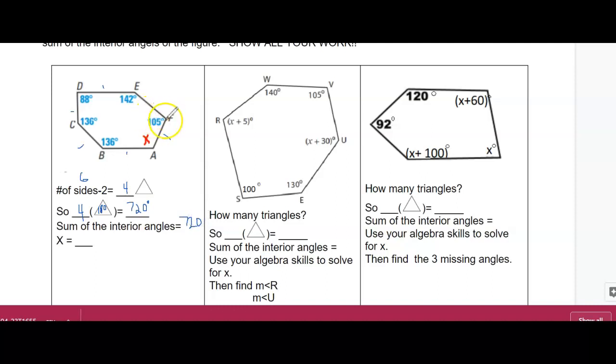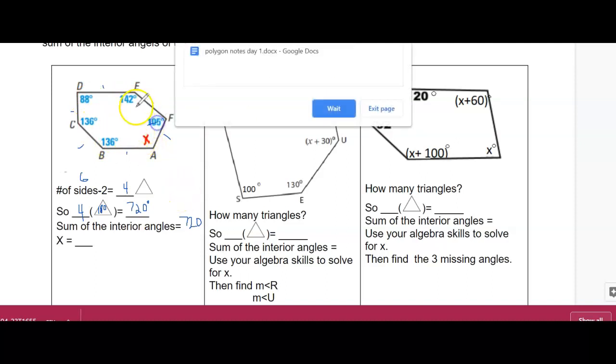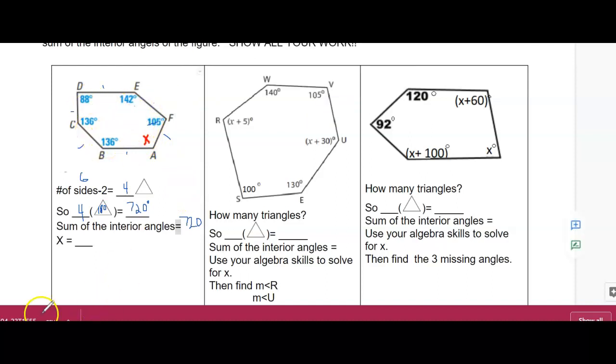So I have 105, 142, 88, 136, and 136 plus what gives me 720. So go ahead and add all of these up. Add 105, 142, 88, 136, and 136. So this all should have given you 607. So 607 plus what gives me 720, and you just solve it.